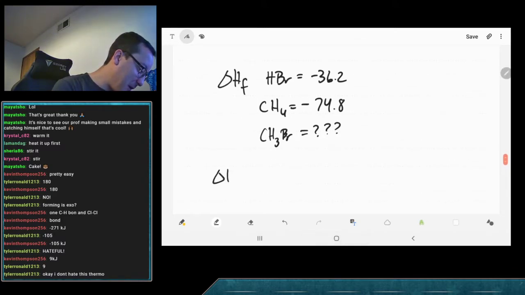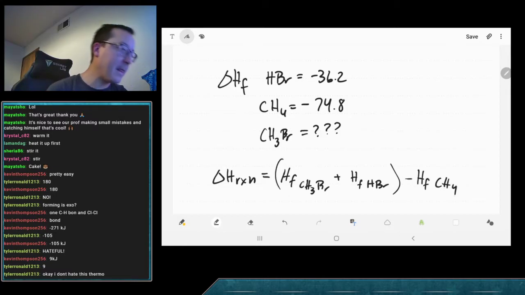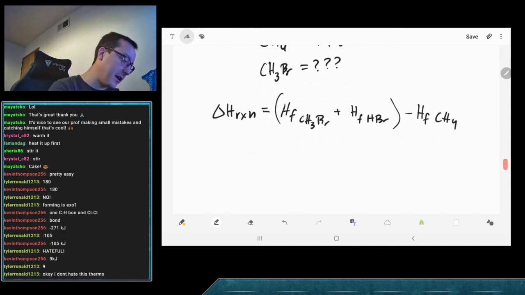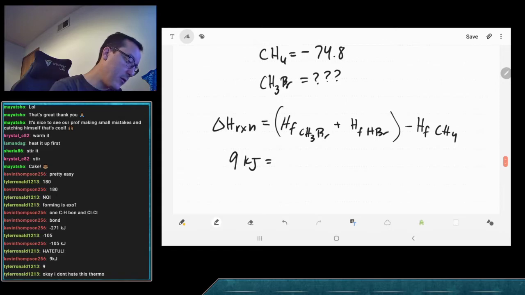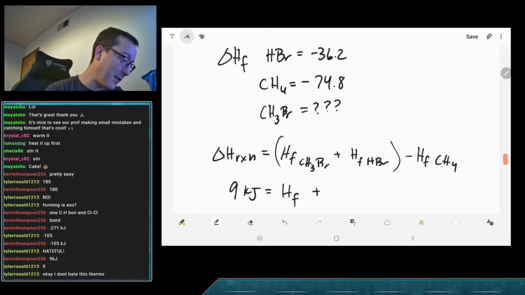So delta H reaction would be HF for bromomethane plus HF for HBr, our products, minus this, right? If we know that delta H reaction was 9 kilojoules, we could solve for HF. See how I saved my problem when things went awry?